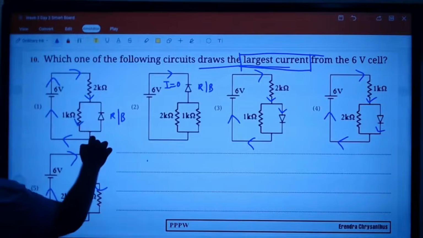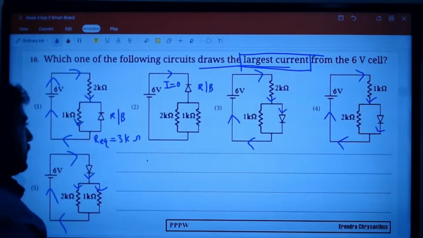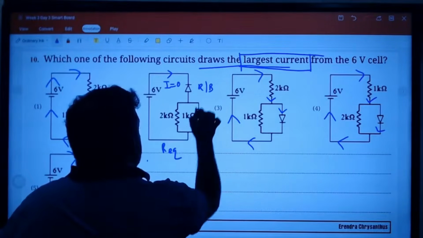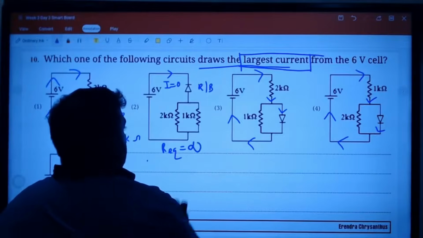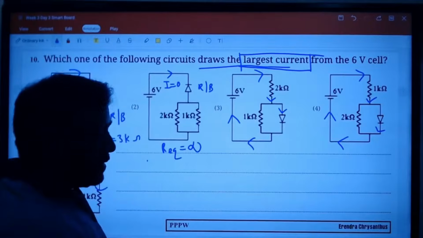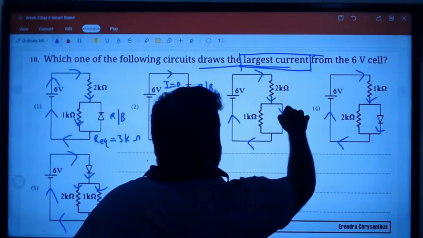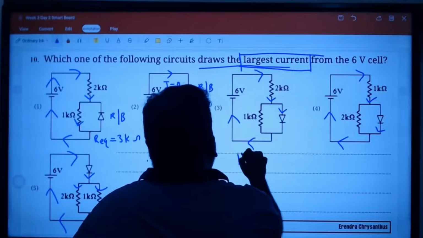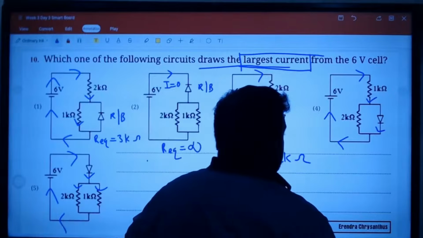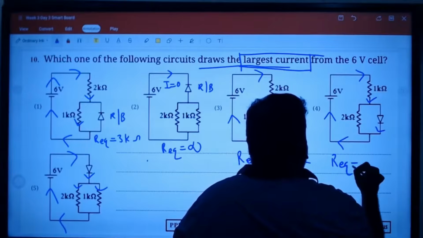Here the effective resistance is 3 kilo ohm. Here the effective resistance is infinite, so current doesn't pass through. Here current goes through 2 kilo ohm. Here the effective resistance is 1 kilo ohm.